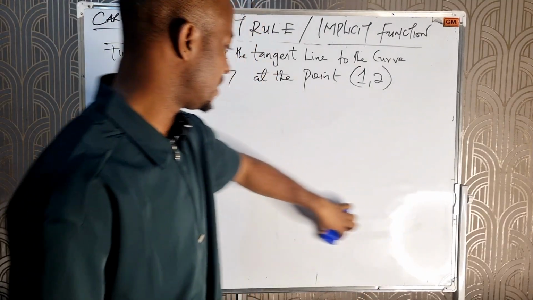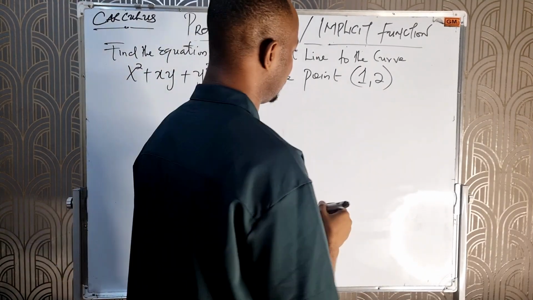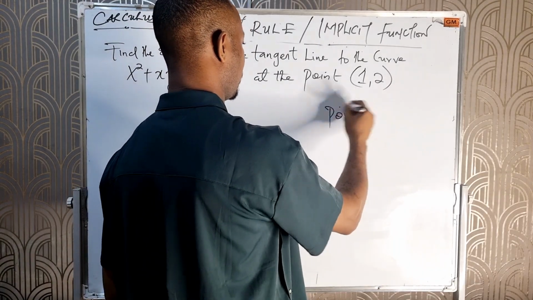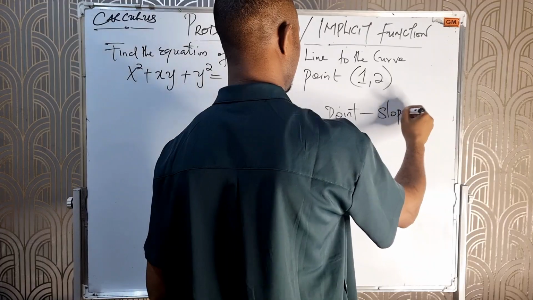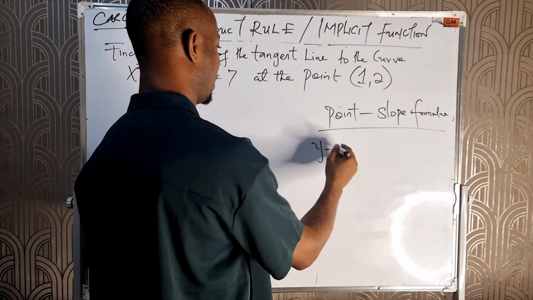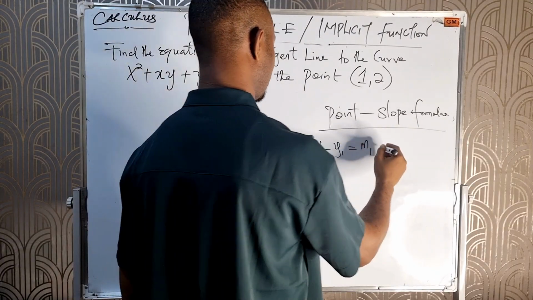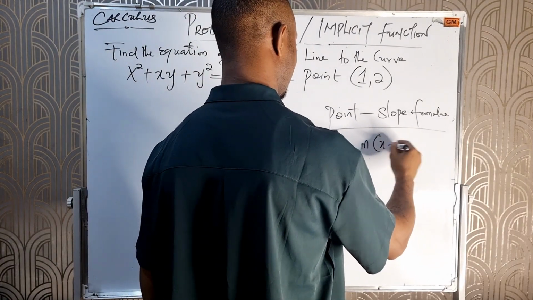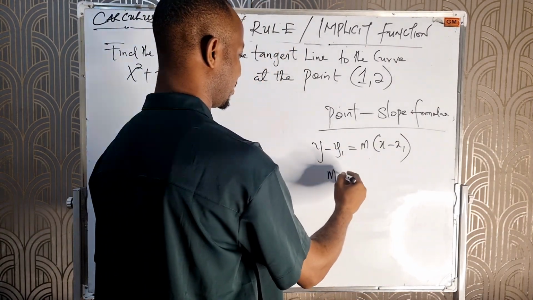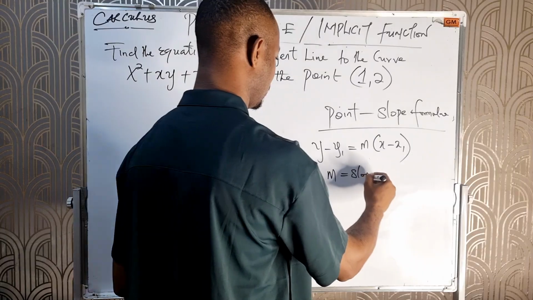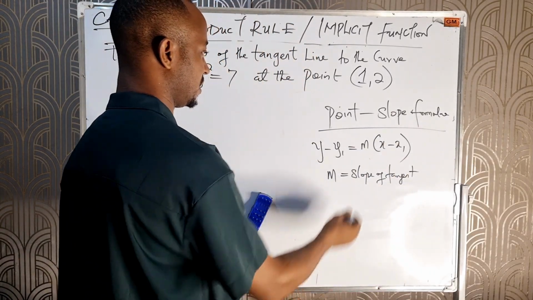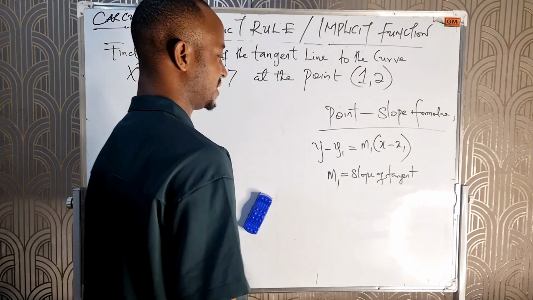There's a formula for the equation of a line using the point-slope form: y minus y1 equals m(x minus x1), where m represents the slope of the tangent. Or we can use m1 here, which represents the slope of the tangent.